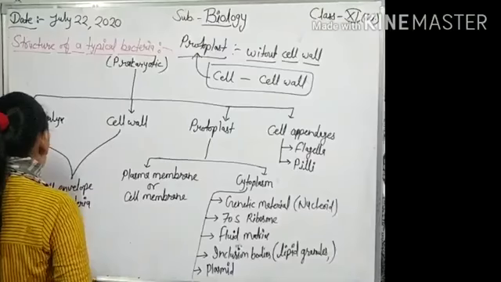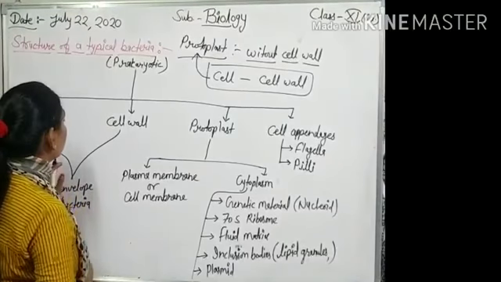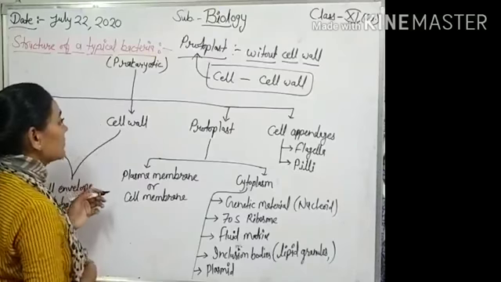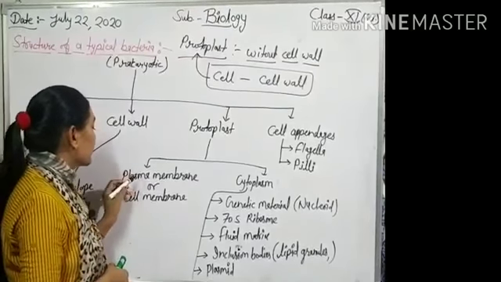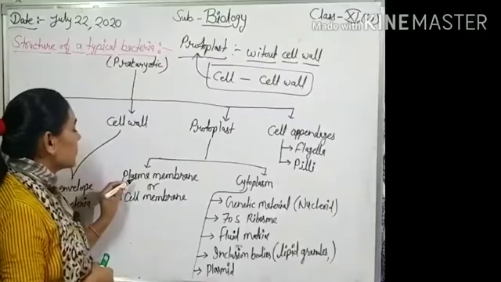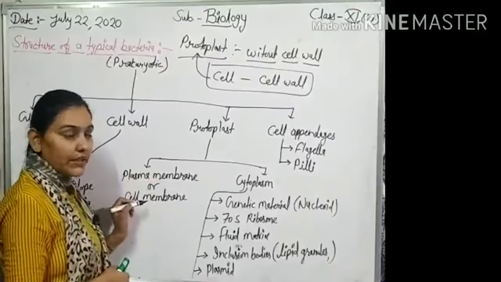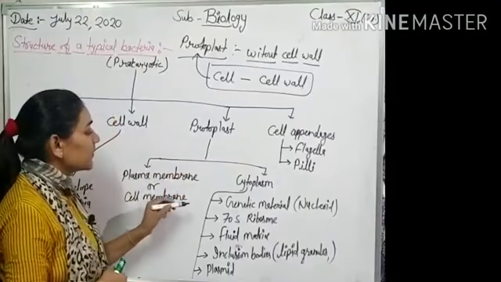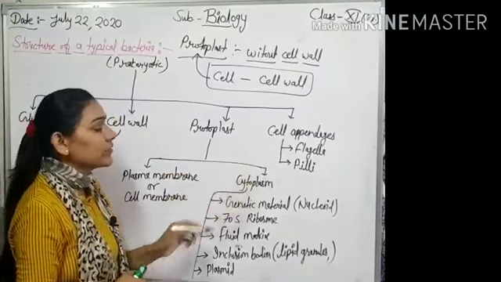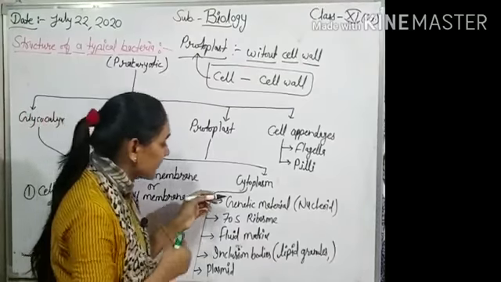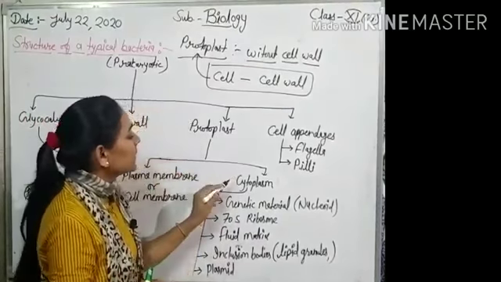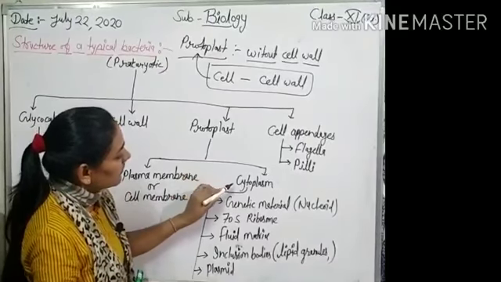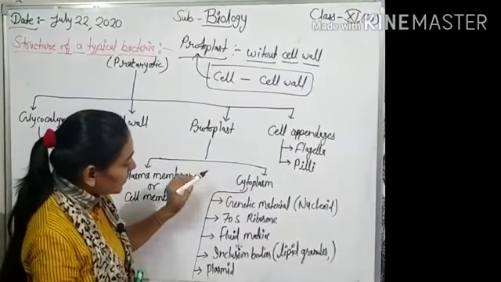So the cell envelope is made up of glycocalyx and cell wall. Inside the cell wall, the plasma membrane or cell membrane is found, and inside the plasma membrane, the fluid matrix, which is the main arena of the cell, is known as cytoplasm.